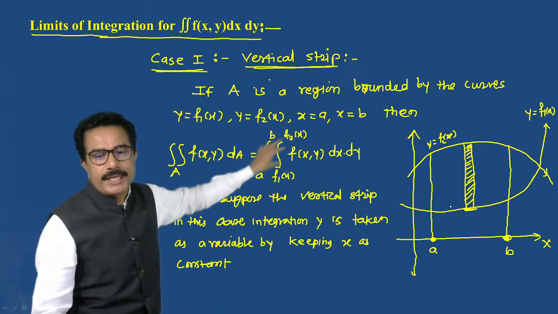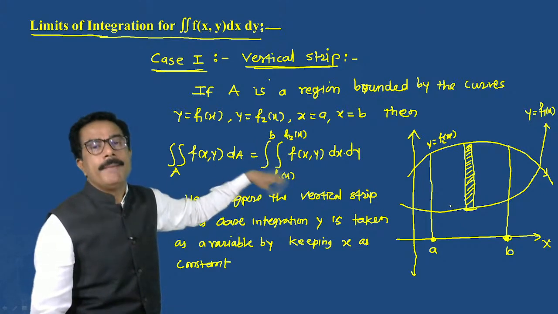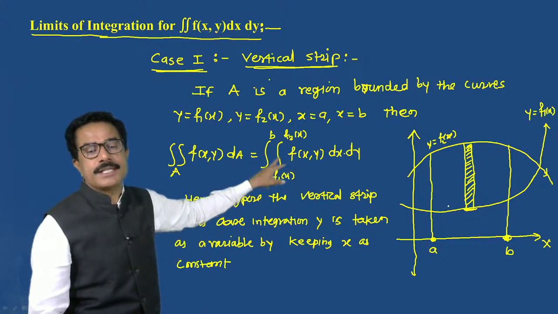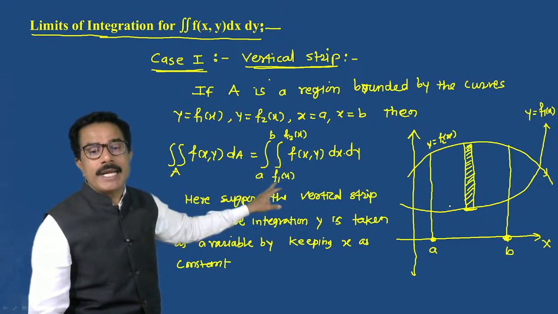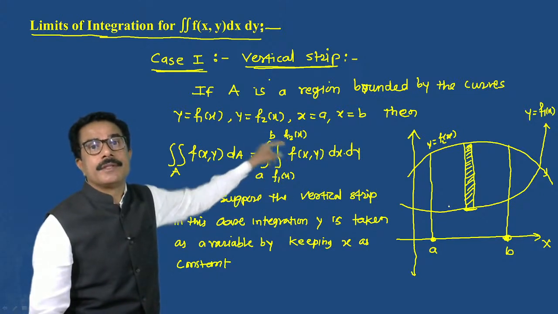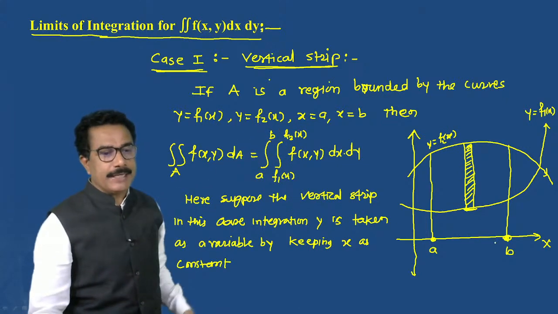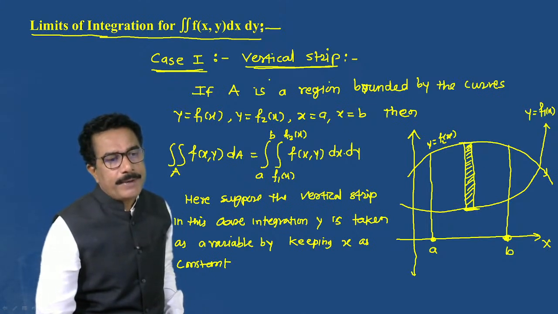Then we have to take this inner integral, the second integral, with respect to y first by keeping x constant. Now if we take this second integral with respect to y, then its lower limit and upper limit are, this is very important, the lower bound and the upper bound.